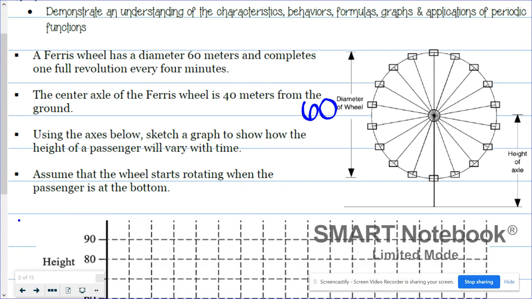So what that means is that the radius of our Ferris wheel would be half that, so 30. So that means from the center of our Ferris wheel to any point on the circle, that would be a radius of 30. So this height right here from the lowest point to the axle would be 30.